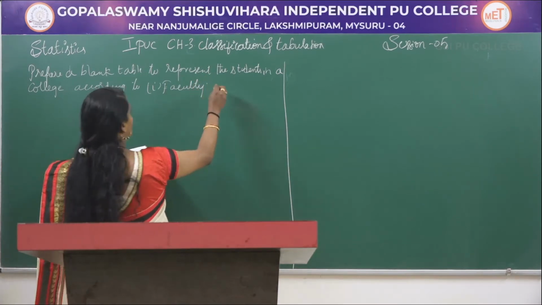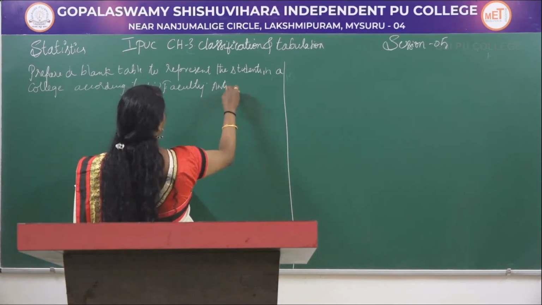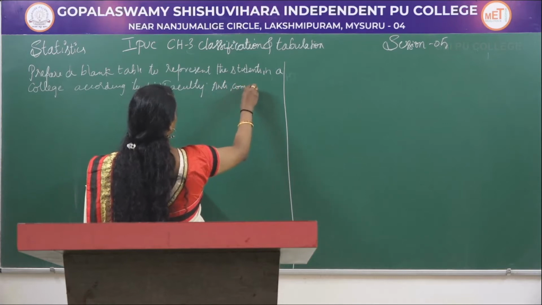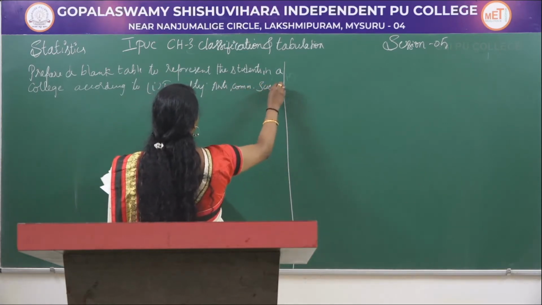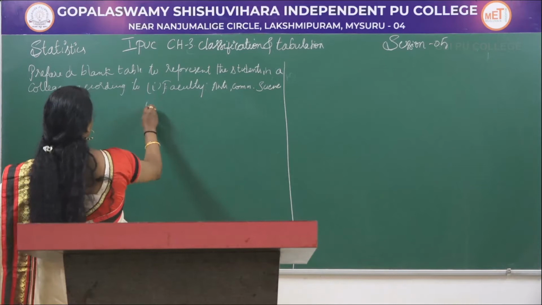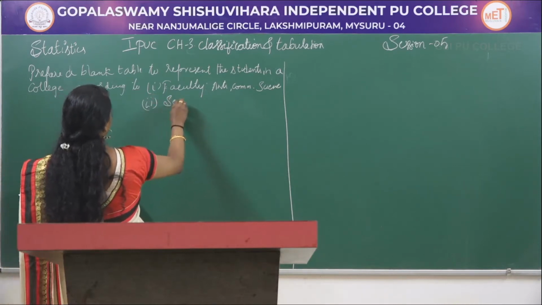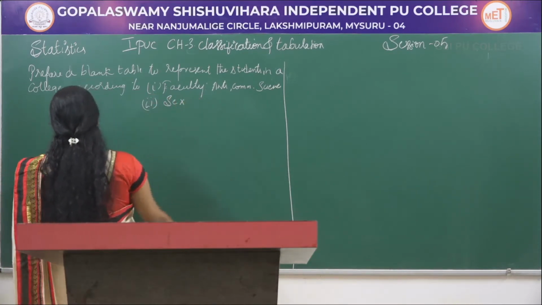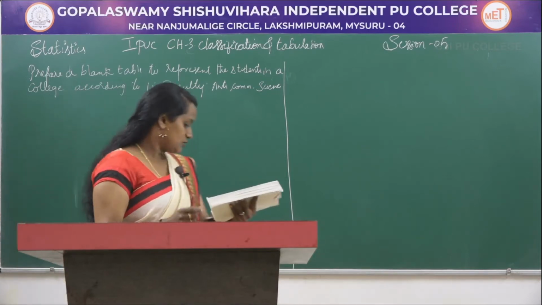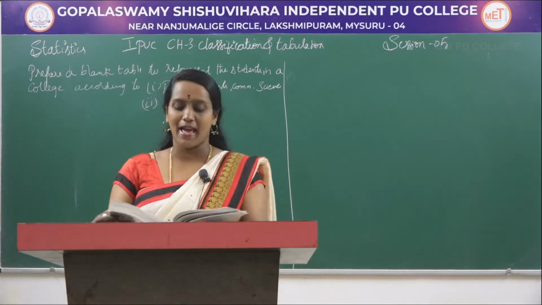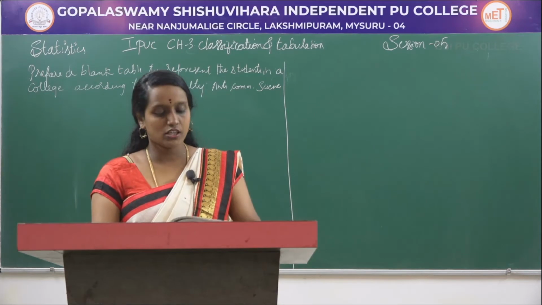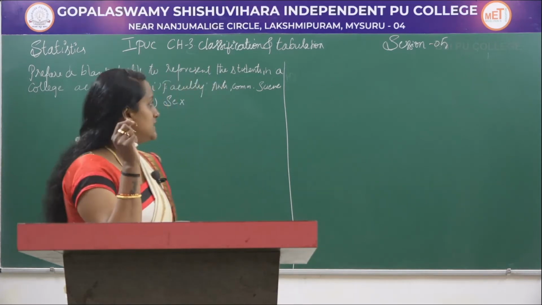Faculties are arts, commerce, science. And next, second one is sex. In sex it is boys and girls. So here we have to prepare the blank table in a college according to these categories.